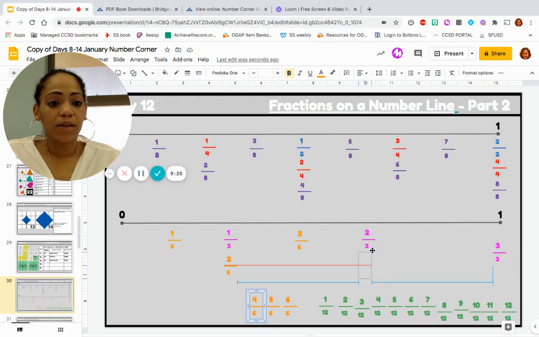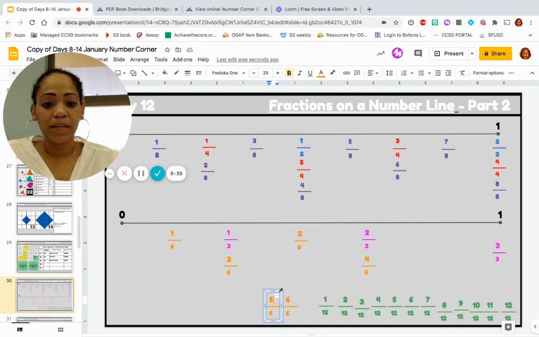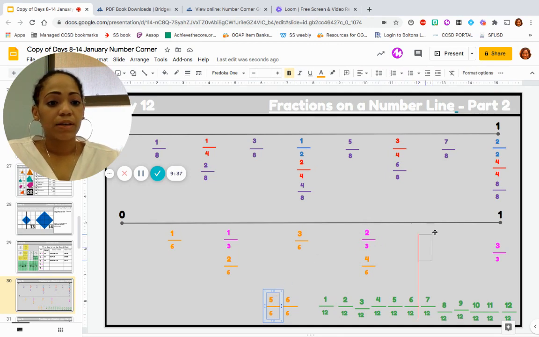So I'll align it with 2/3. Then we have 5/6. 1, 2, 3, 4. Right, halfway between our 2/3 and 3/3. And then we have 6/6, which is also equivalent to 1 whole.